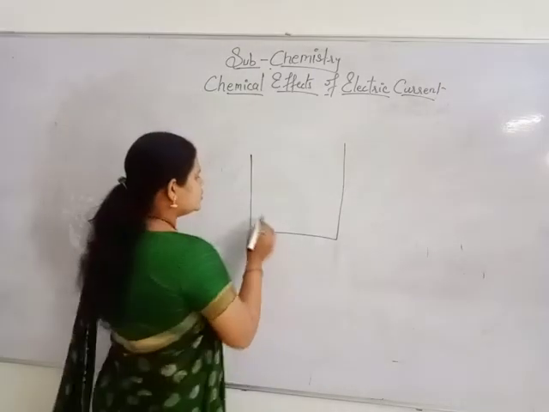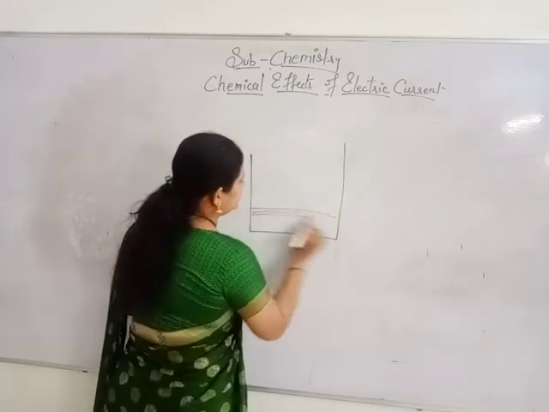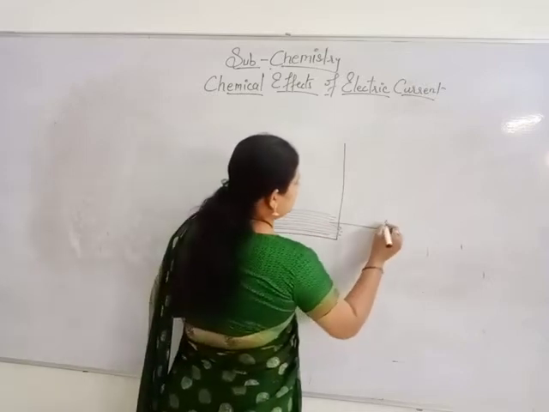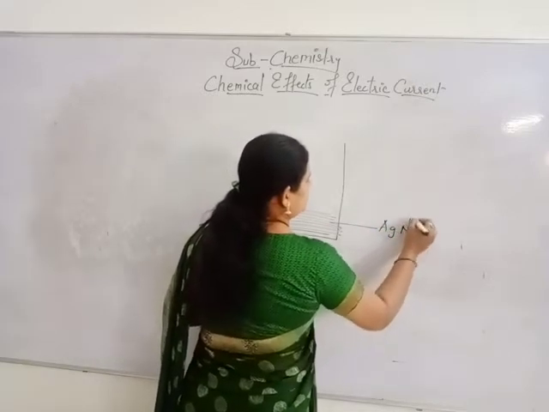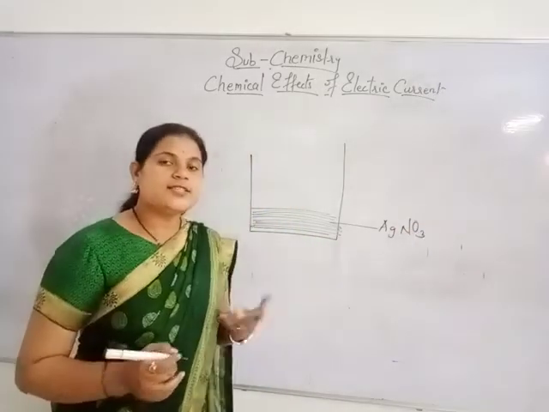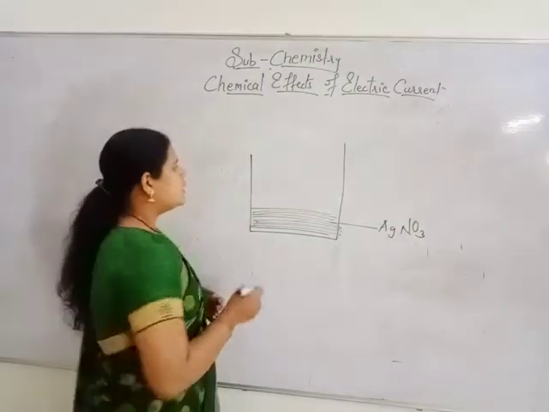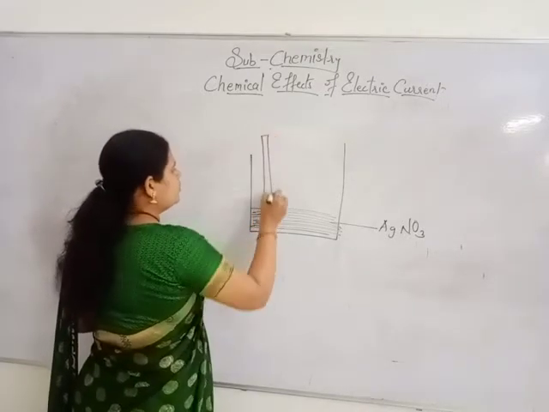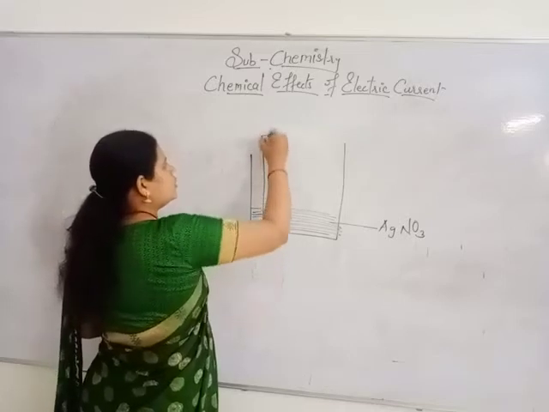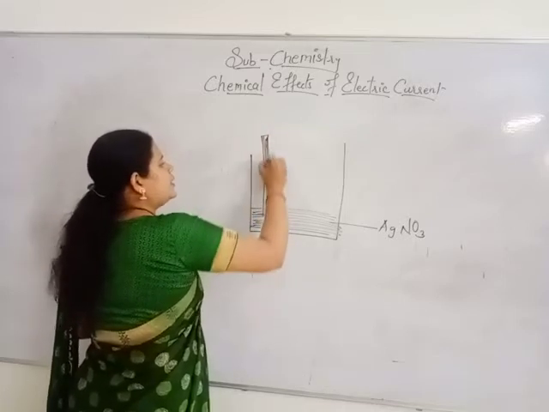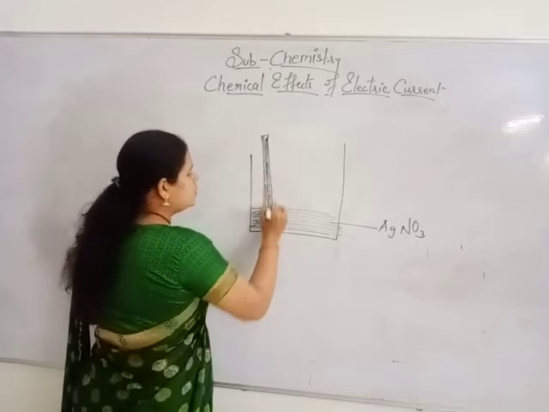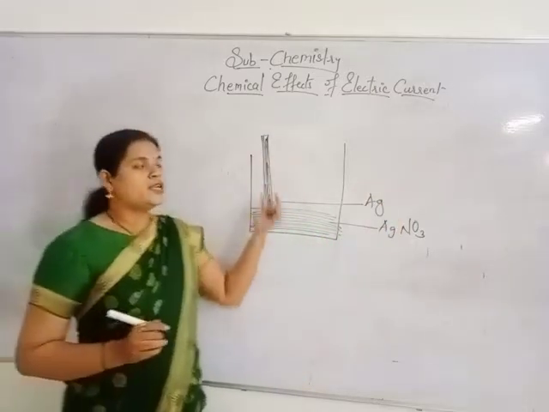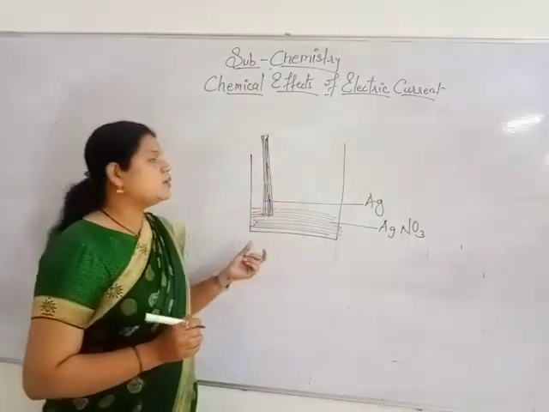Suppose in this particular experiment it is AgNO3, which is nothing but silver nitrate solution. Then we have to put an electrode over here, and this electrode is made up entirely of pure silver.